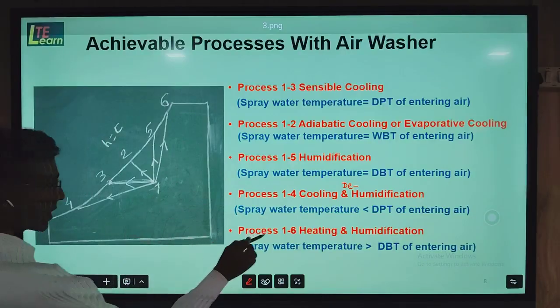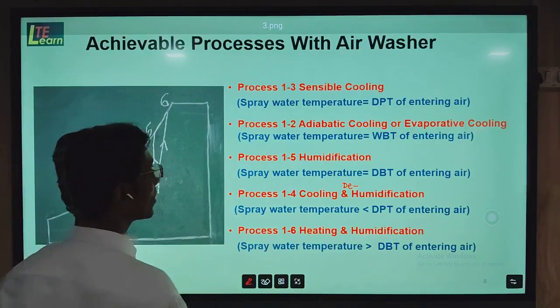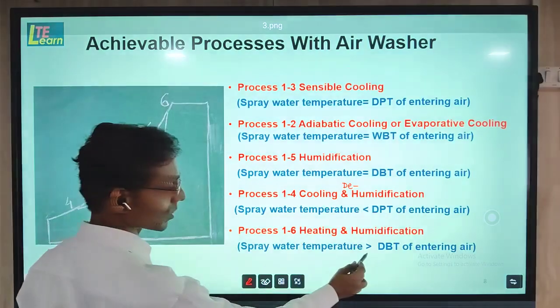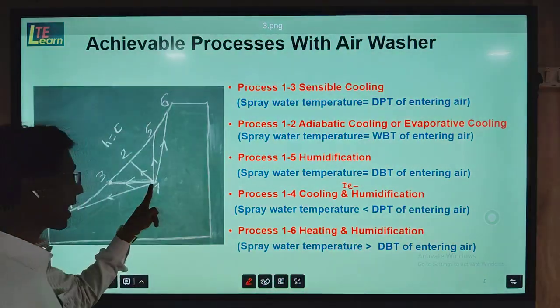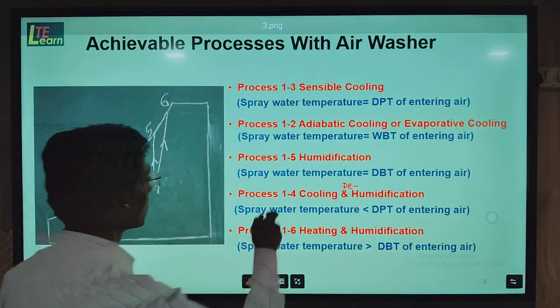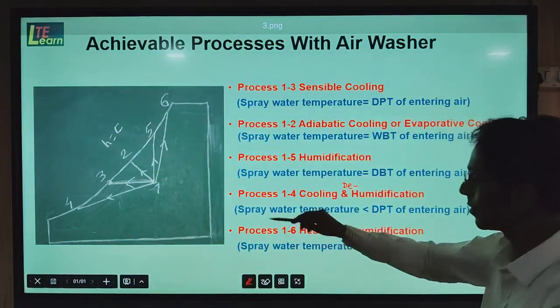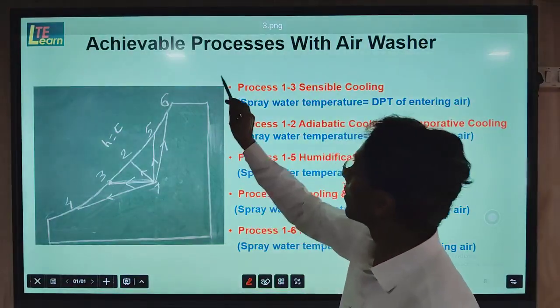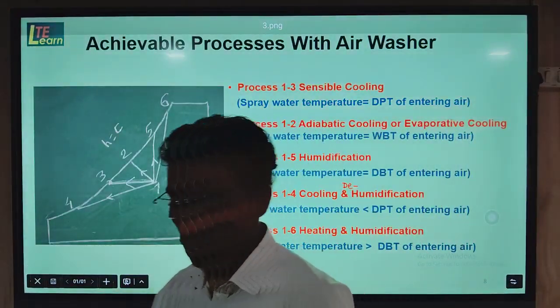So this 1 to 6 process is heating and humidification. For this process, the condition is that the spray water temperature should be greater than the dry bulb temperature of entering air. So in this way, these are the possible processes which can be obtained with the help of the air washer.